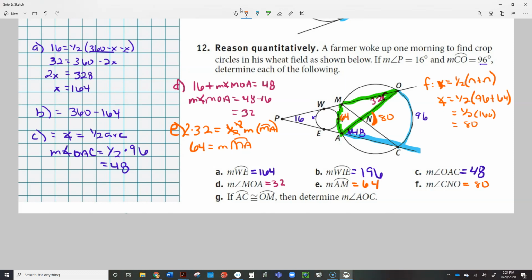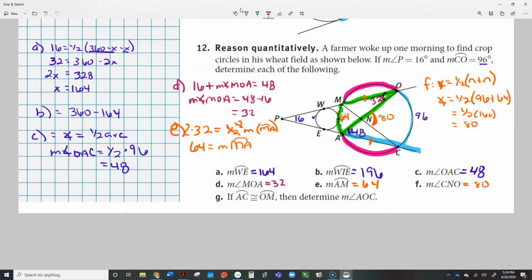Okay, now last one. It says if AC, this chord right here, so I'm going to mark it, and OM, this chord right here, if the chords are equal, then the arcs are equal. So I'm going to highlight those in pink. The arcs are equal.